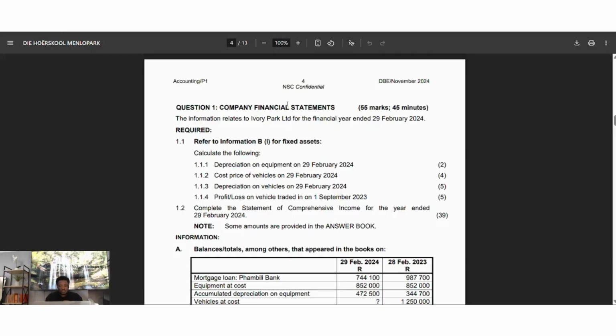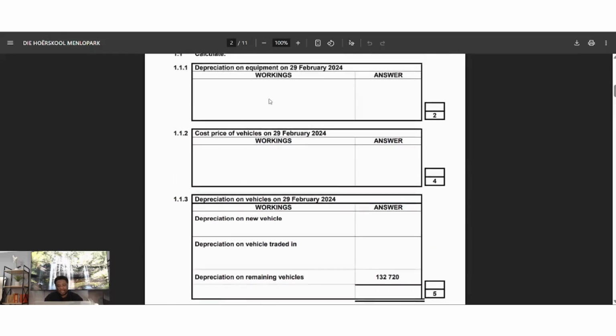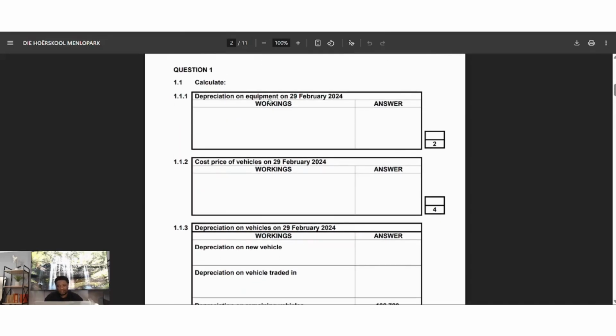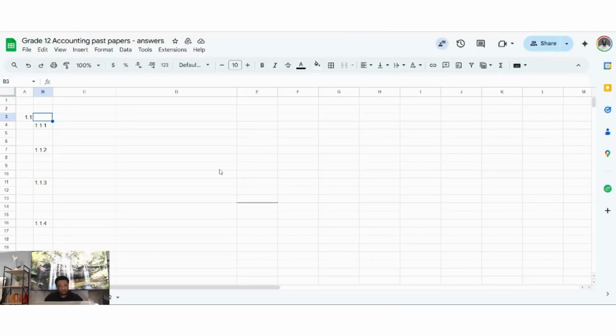It says here that some amounts are provided for in the answer book, and that is why I have the answer book here. But I will be doing the answers on the sheet over here. I've already numbered it, and we're going to see how we do this because I want to show the workings. Alright, cool. Let's get to it.